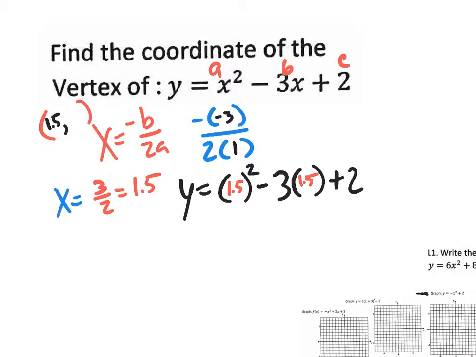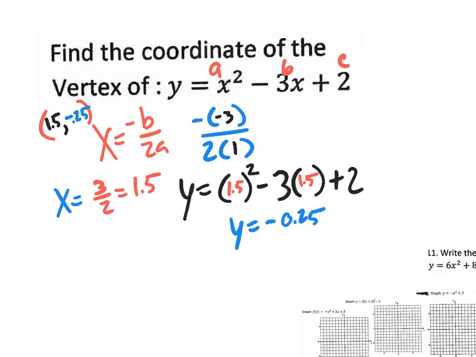Now, when we do this, again, you could use a calculator. And if you do it correctly on the calculator, you should get negative 0.25. So your y value is negative 0.25. So maybe your vertex on the multiple choice is not given to you as decimals.